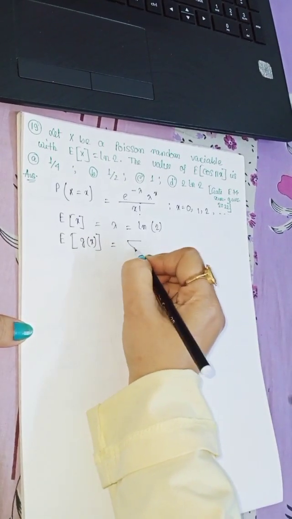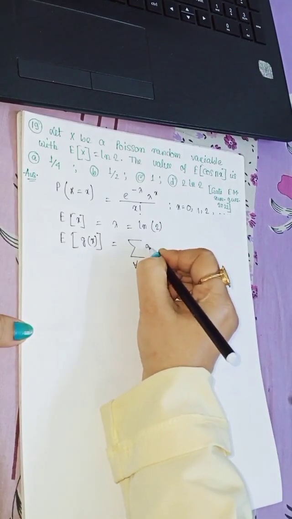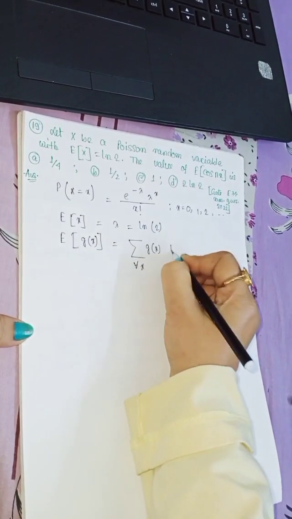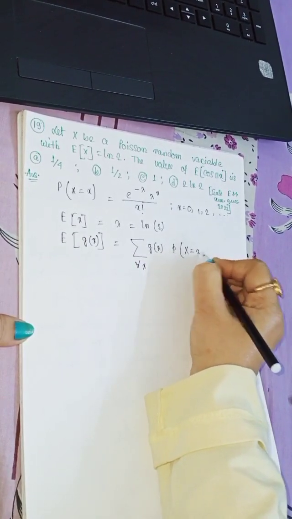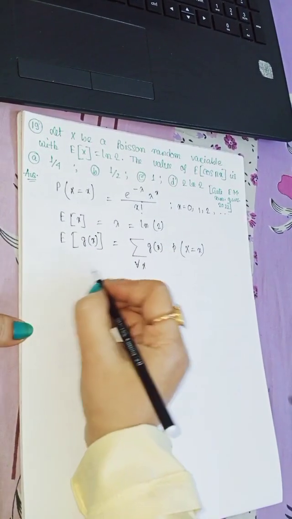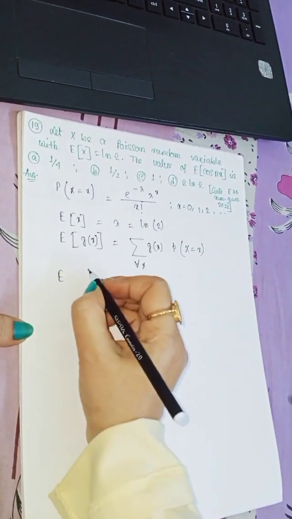Okay, now E of g of x is equal to the summation for all x of g of x times small p, where X is equal to small x. So now E of g(x) here is cos of πx.